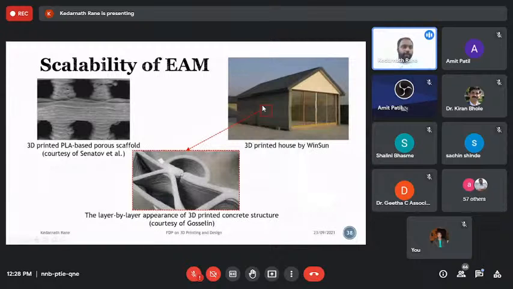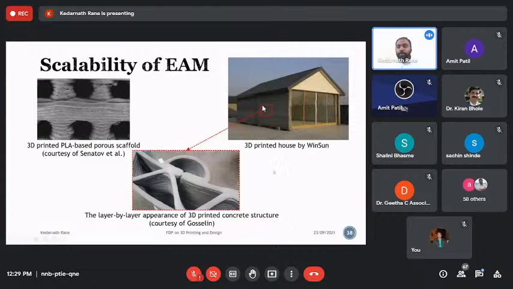When it comes to scalability, as I said, it depends upon the machine and the structure that you are using. A general extrusion based additive manufacturing process is very much scalable. If you change the material, for example, if you are using PLA for scaffold applications, you can make very small, micron size products using the EAM process.